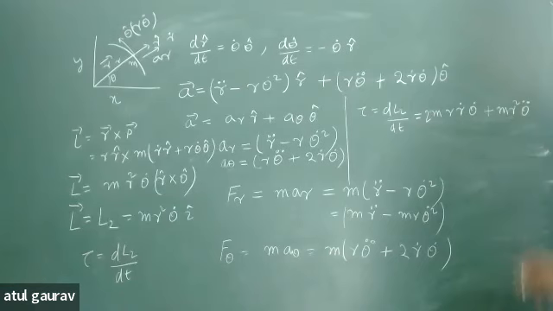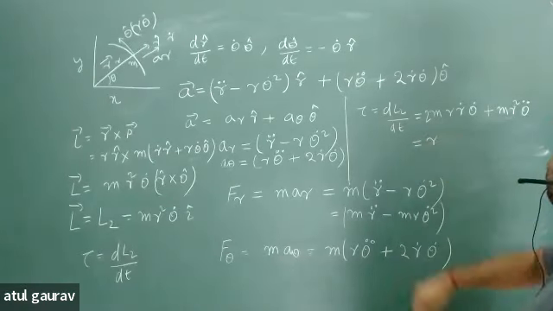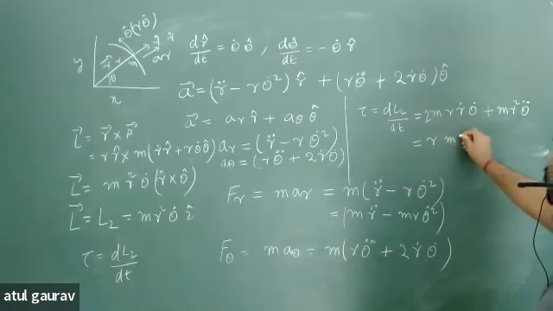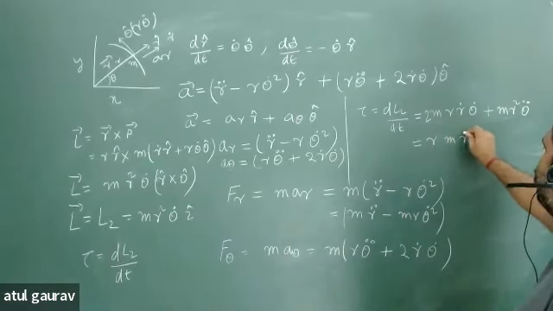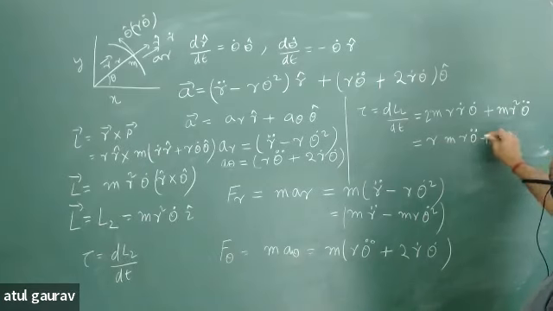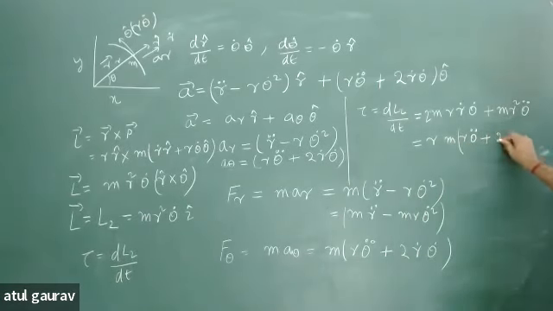Is this the correct expression? Yes. And can I write this as m r times r theta double dot plus 2 r dot theta dot?